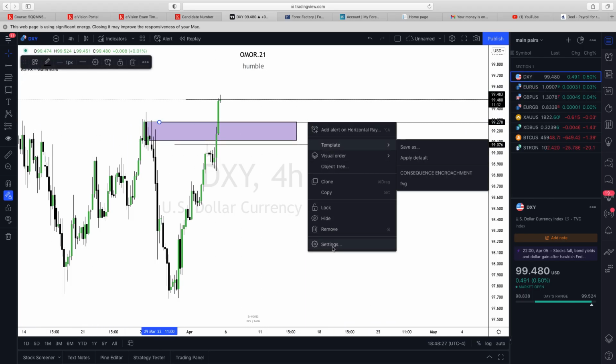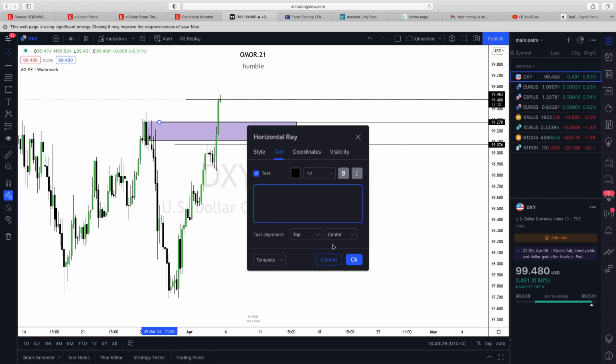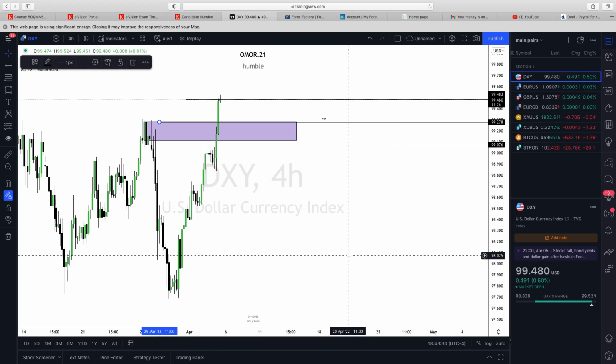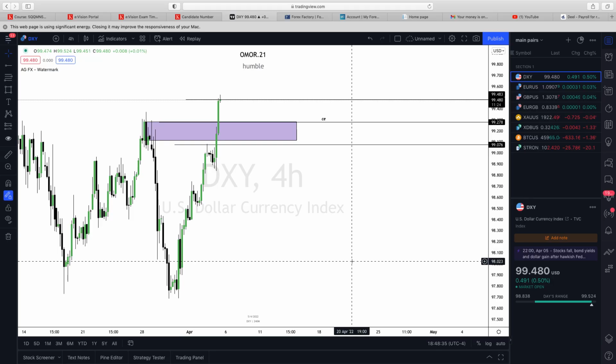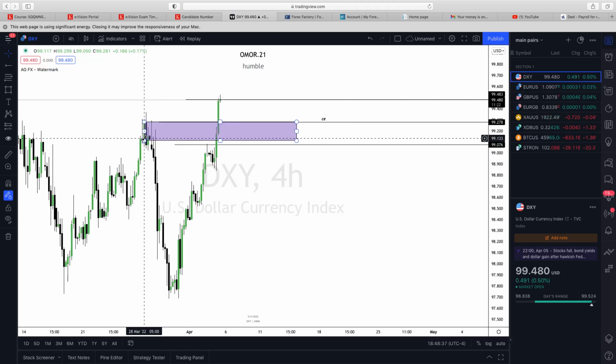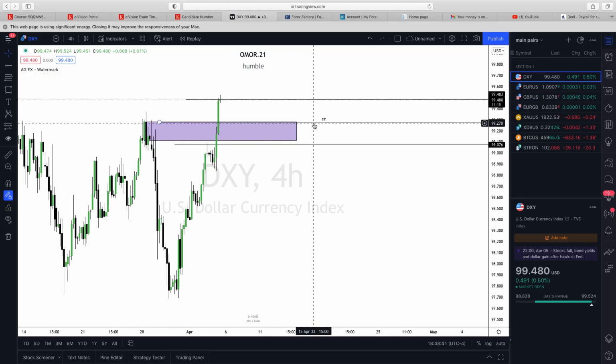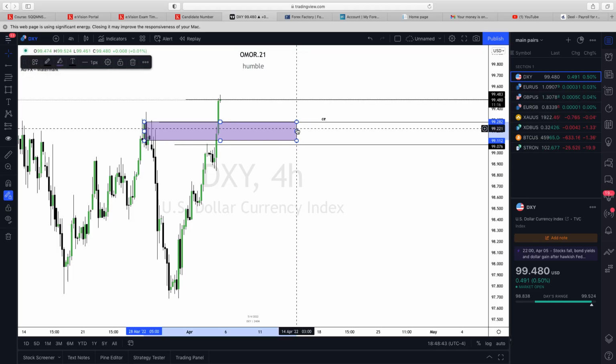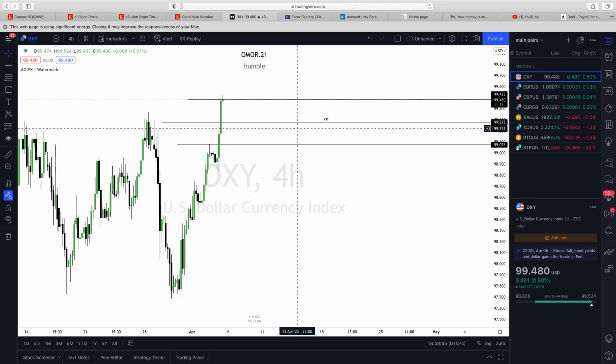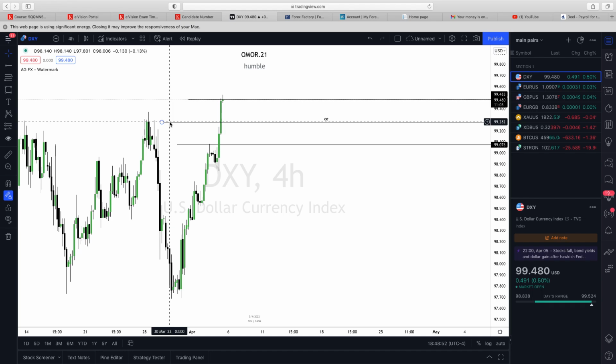So we'll just call this CE, consequent encroachment, call it CE for short. This lines up with the breaker block here, 50% of it. So if we remove this, this consequent encroachment is also equal to the opening of the breaker block.